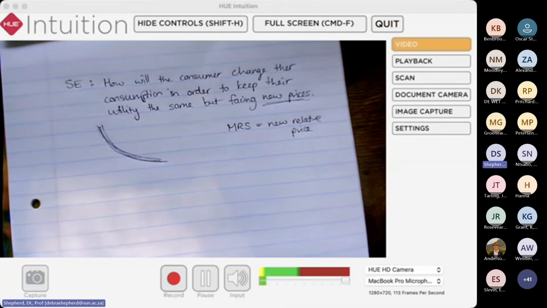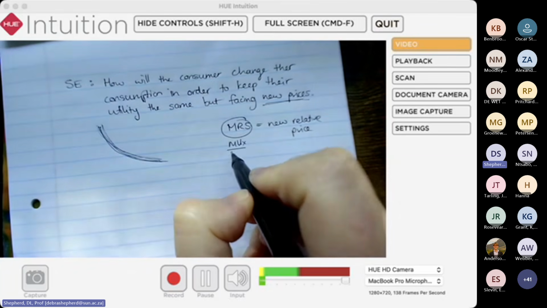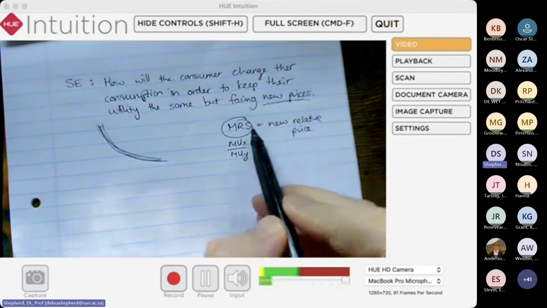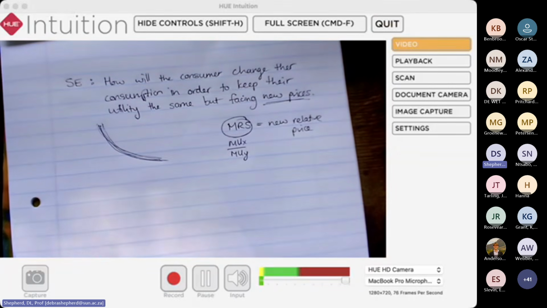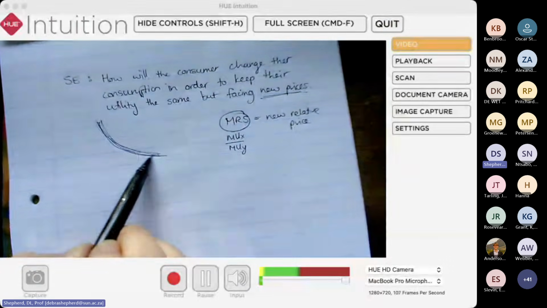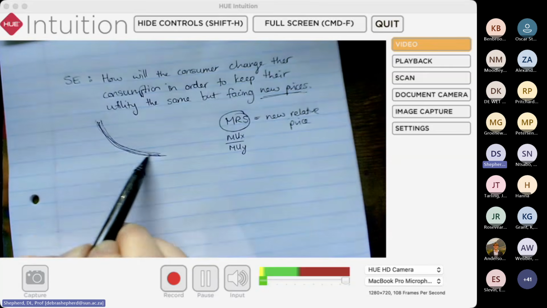You initially were maximizing your utility by equating your MRS, which is your marginal utility ratio, with the relative price. If one of those prices changes, then your MRS will no longer be equal to the relative price where you are currently consuming, which means you have to change your consumption in order to make your MRS and relative price equal again, but with the goal of remaining on your original indifference curve.